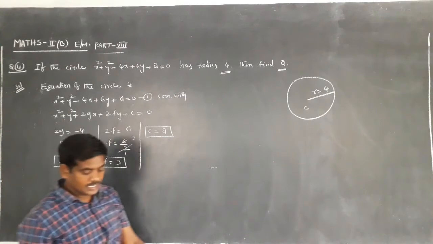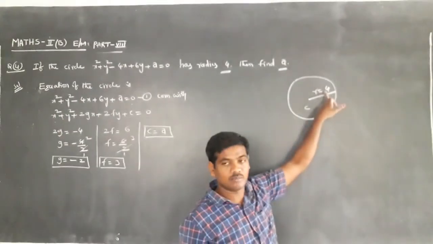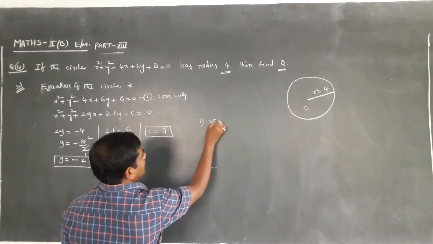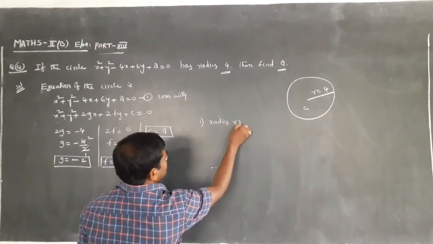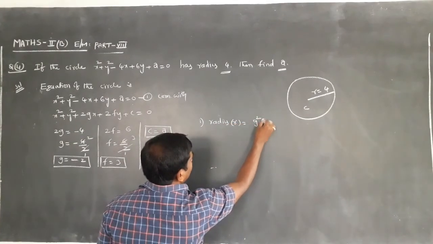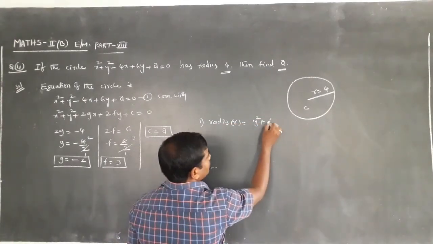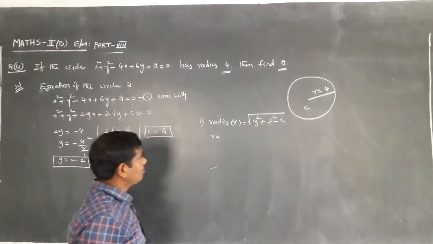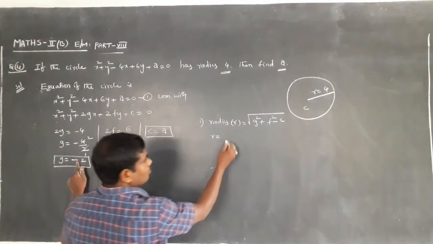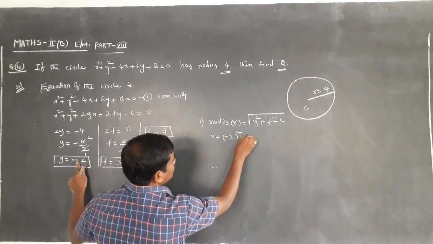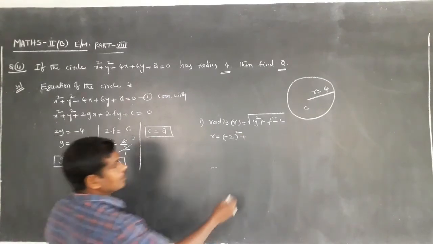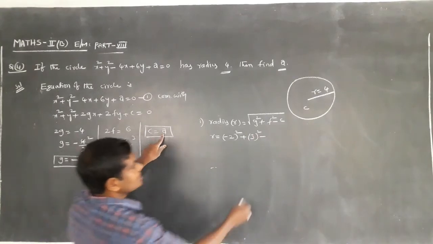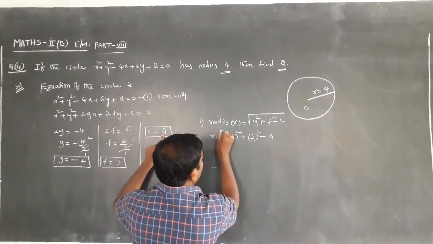Now we find the radius. The radius of the circle r is equal to under root of g square plus f square minus c. That is, g equal to minus 2 whole square plus f equal to 3 square minus c, where c is equal to small a, under root.